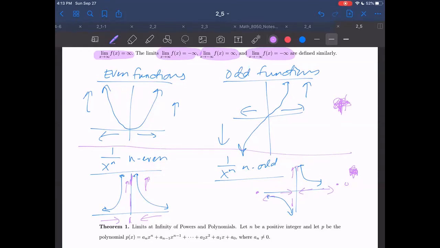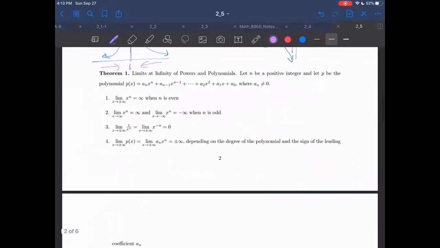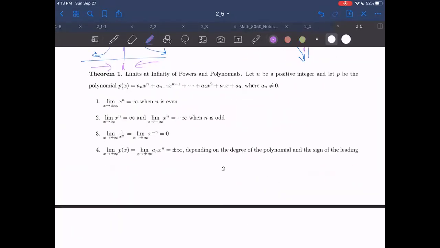Then we've got a theorem that just runs through a couple different cases. So if we've got limits at infinity of powers and polynomials, let n just be some positive integer, and P is this polynomial. The limit as x approaches positive or negative infinity of a polynomial, we're just going to look at the highest degree.